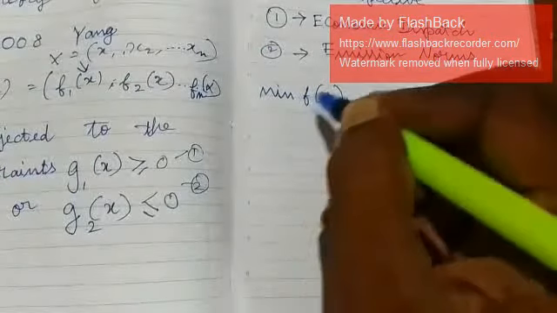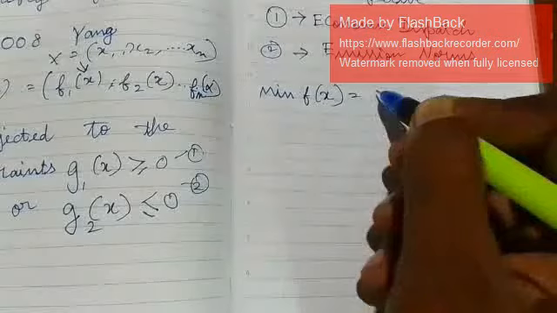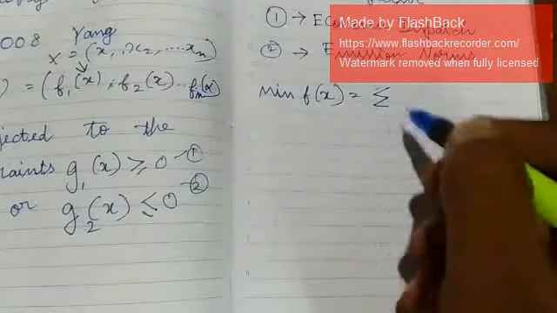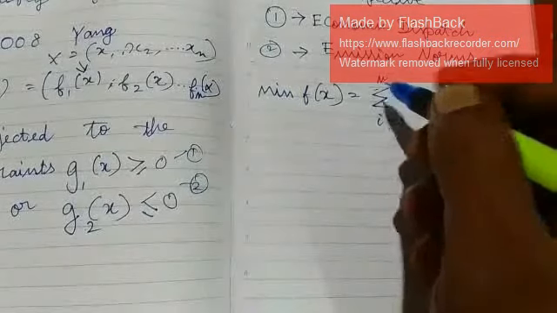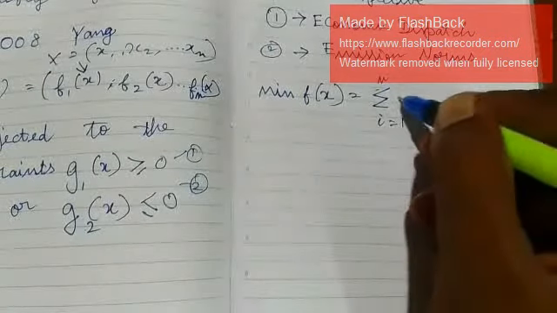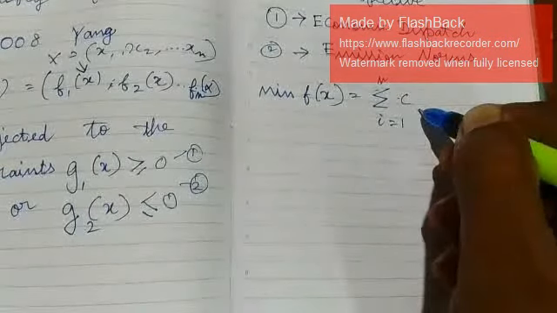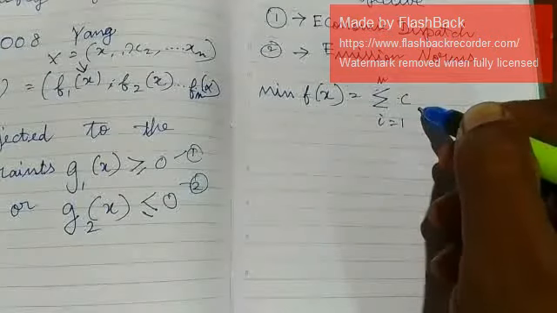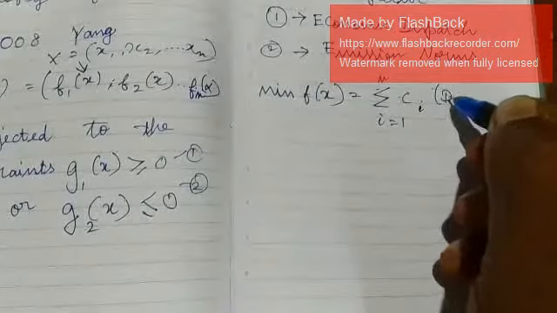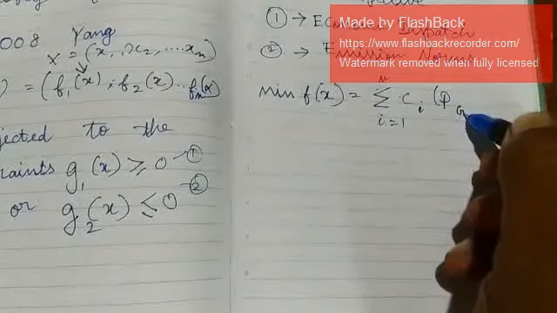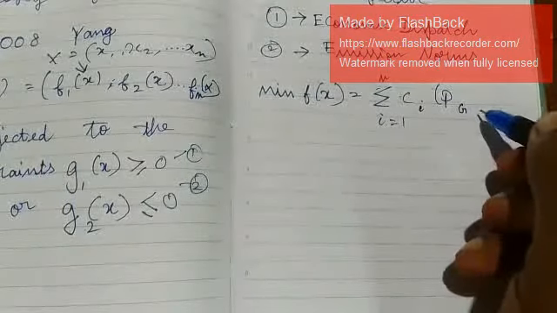So here f of x happens to be the summation of i equal to 1 to n, where n represents the total number of generators, of Ci of Pgi.